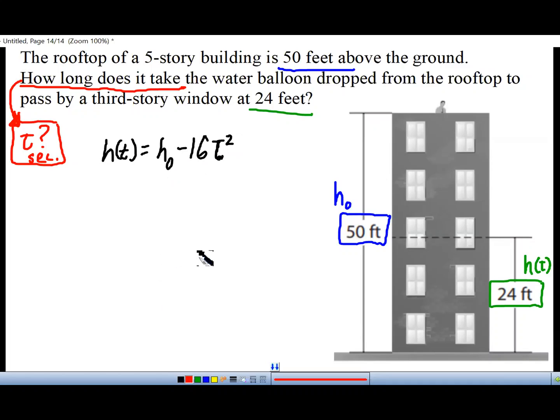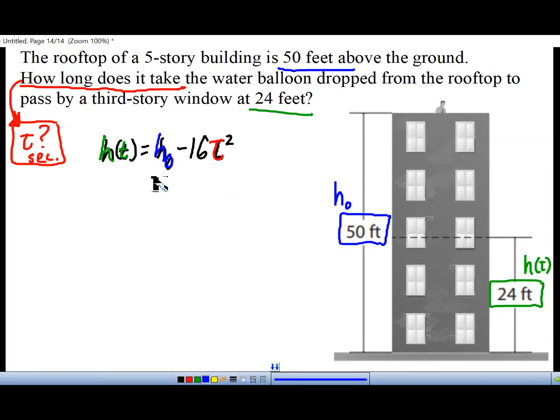Now let's label the things that we already know. We know t is what we need to solve, that's in red. We know h of t goes over here in green. And h sub 0, we substitute in where we have the h sub 0. So let's start writing them underneath.